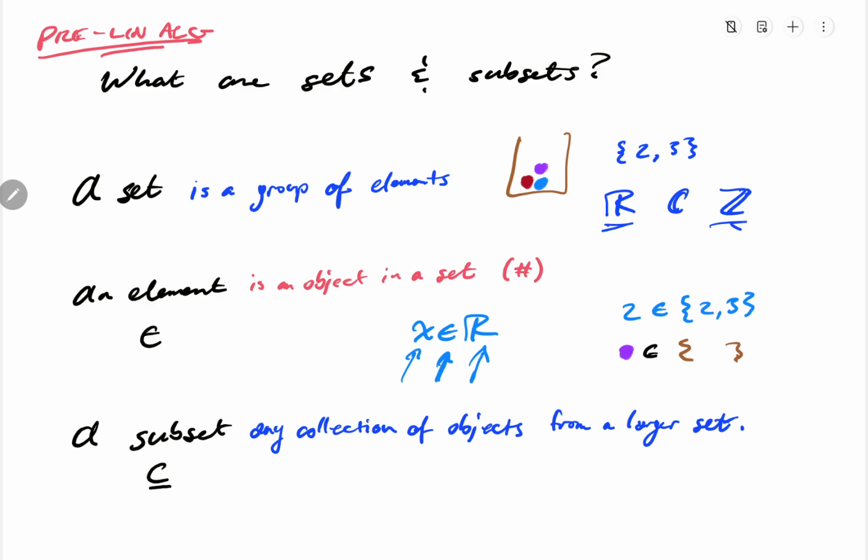One thing to note here is that the original set itself is a subset of itself. So if I take my example of 2 and 3, and I use the subset symbol, 2 and 3 is a subset of 2 and 3, which is something that is important to remember.